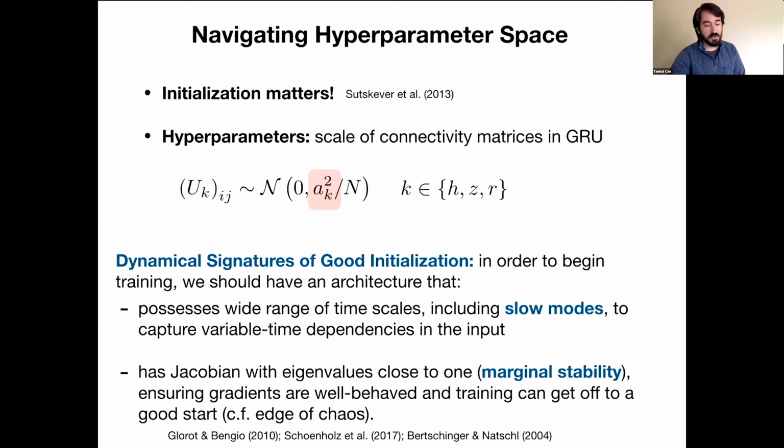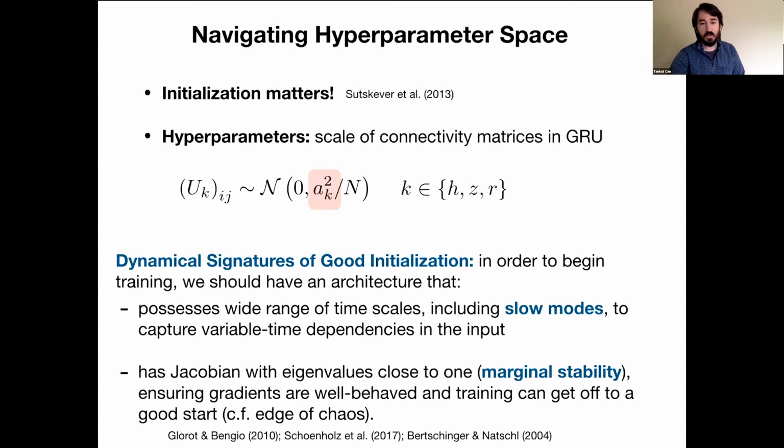For the GRU, for example, the initialization hyperparameters that we focus on in the paper describe just the overall scale of the connectivity matrices, which at initialization are just taken to be random Gaussian matrices. Okay, so how do we optimally choose these hyperparameters? It turns out that we can look to the network dynamics for good initialization.